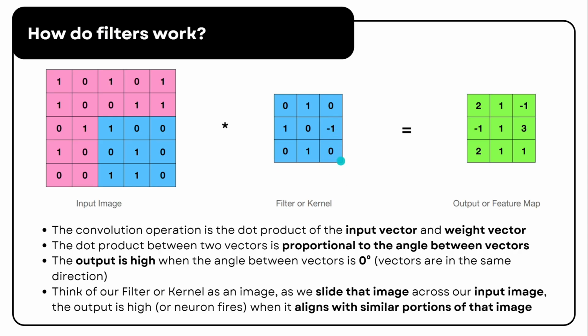The key idea is the dot product between the two vectors is proportional to the angle between them. So when the angle between the vectors is zero, meaning they are perfectly aligned, the output of the dot product is high.